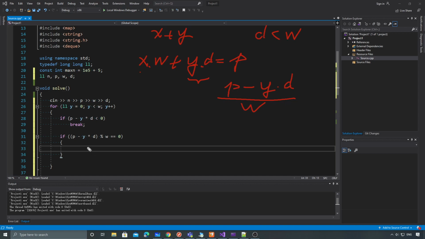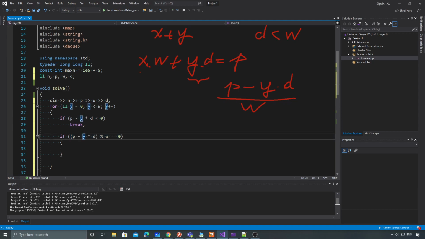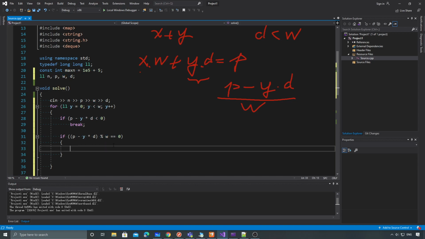That's why the first time we find a match, a value where P minus Y times D can be divided by W, that's going to be our best answer. And we can simply do another check. So now we have an X here.